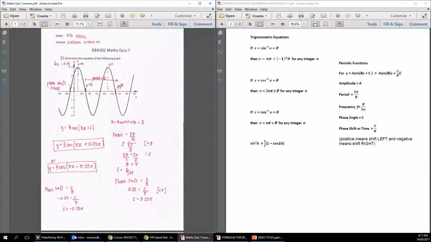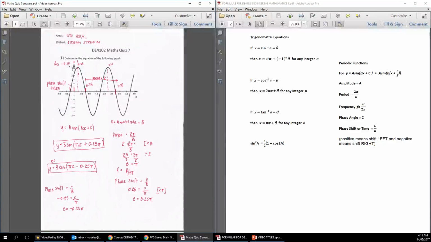So we do have to know the basic shapes of our sine and cosine graph. So we could either say it's a sine graph shifted that way, or a cosine graph shifted a bit that way. So I'm going to go with the sine graph.